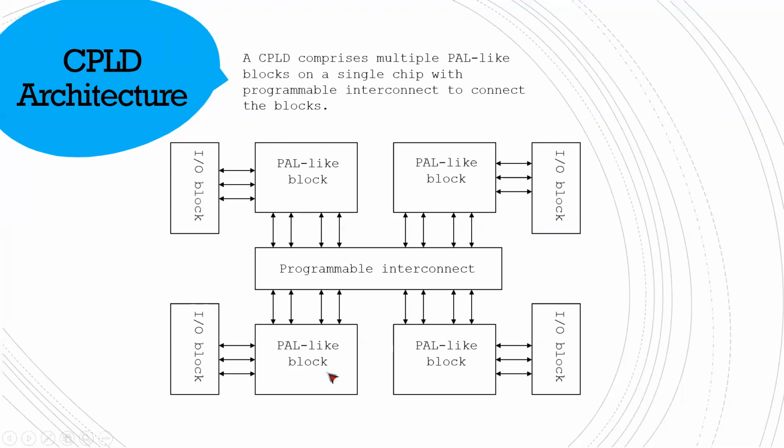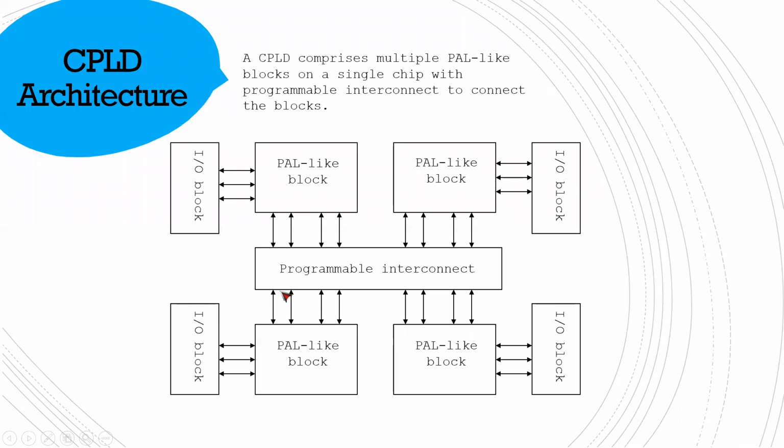But how do you connect this PAL with this PAL? By using an interconnect, or programmable interconnect. That means if you want to make a connection between this one and this one, you can take the connection here and connect. Then this input can talk with that input.